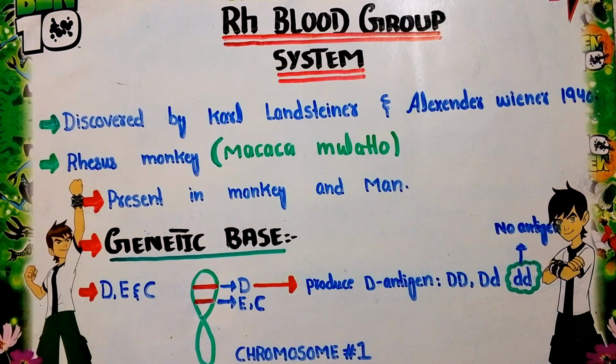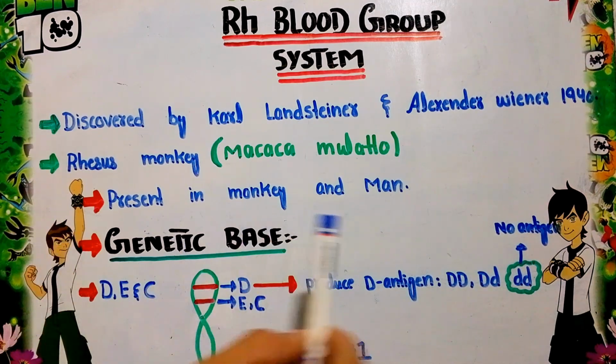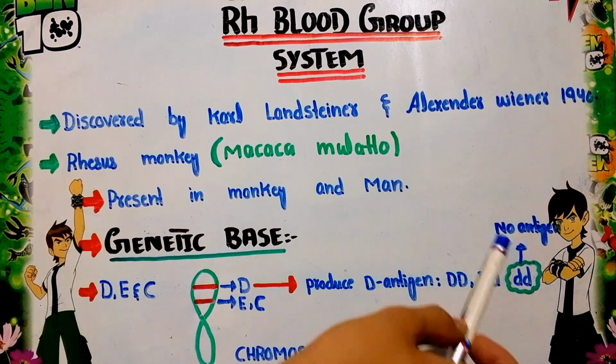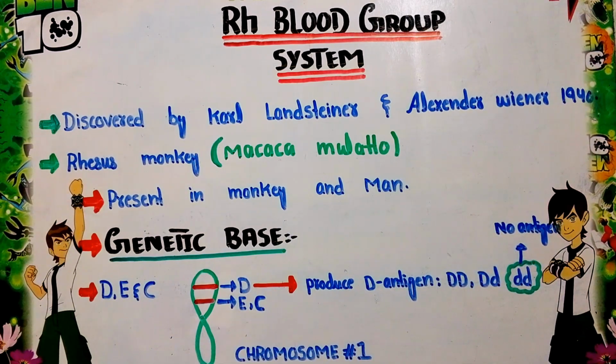Now if we have an individual with a homozygous dominant genotype, that is capital D capital D, in this individual the D antigen or Rh antigen is formed. A second individual is heterozygous dominant, and in this individual also the D antigen, or Rh antigen, is produced.